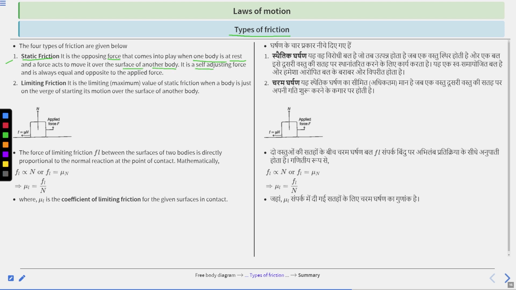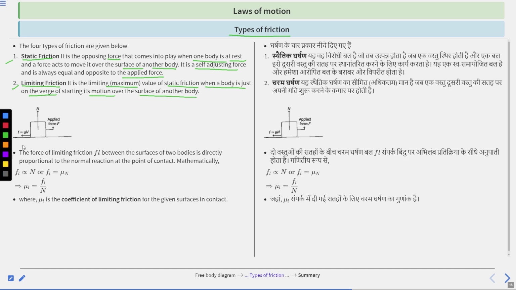It is a self-adjusting force and is always equal and opposite to the applied force. Second is limiting friction. It is the limiting or maximum value of static friction when a body is just on the verge of starting motion over the surface of another body.